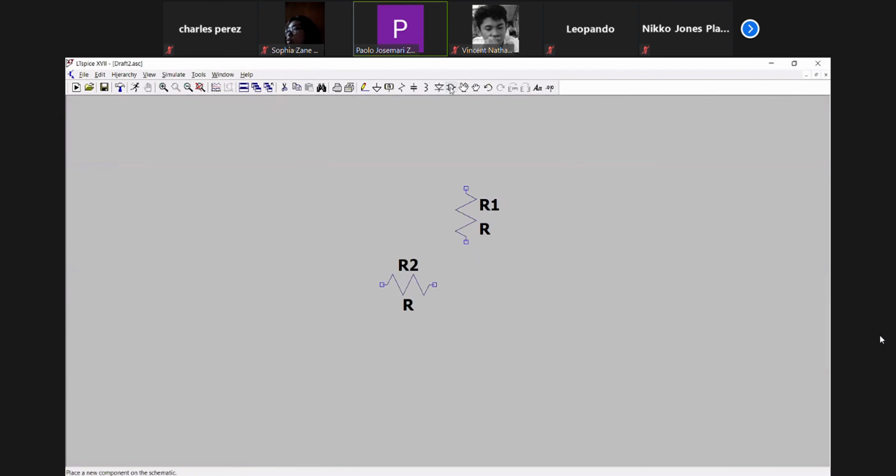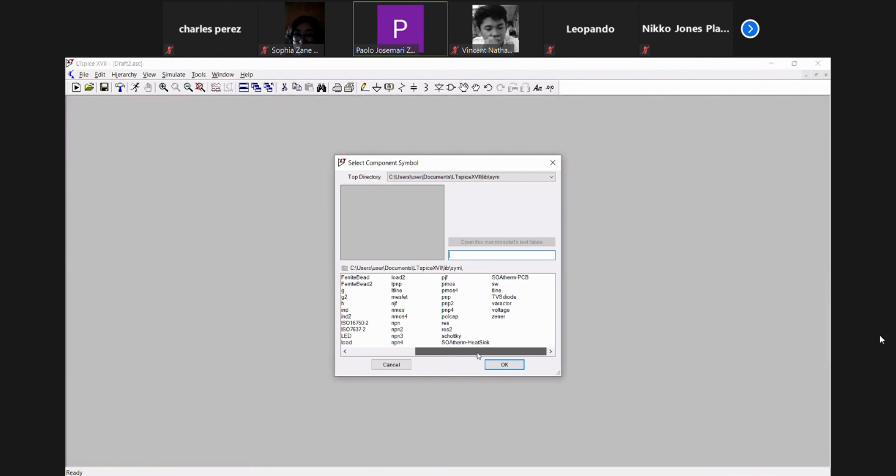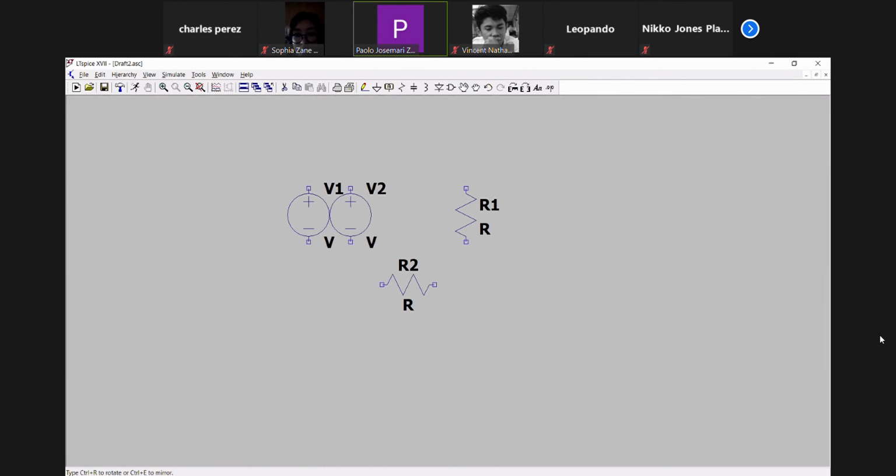So we click this component here and then look for the voltage. As per usual, you connect everything in series. Again, you can take a look at the circuit diagram in the screenshots that you did previously. And again, don't forget the ground. Always place the ground. So this is your ground, and let's plug in some values.